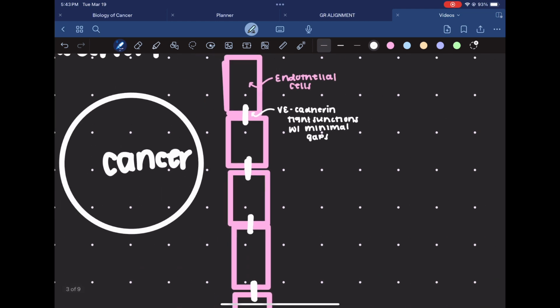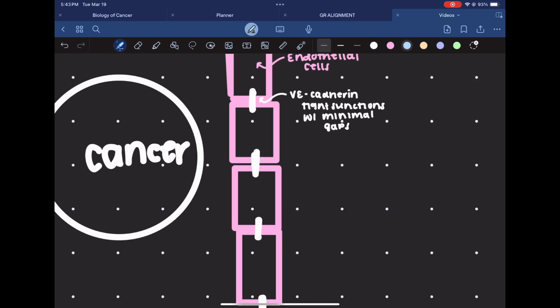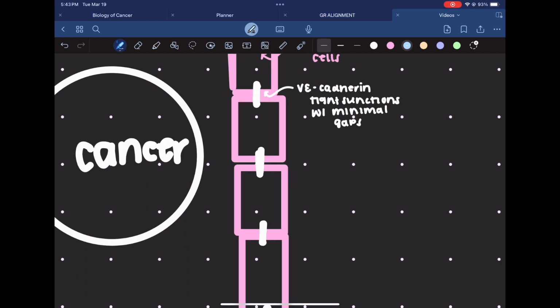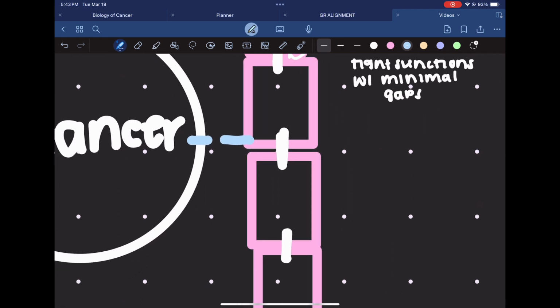So there's 3 different things that are going to happen that promote kind of the degradation and inhibition of this VE cadherin protein. So the first is the interaction between the Notch receptor, which is on the cancer cell, with the Notch ligand.